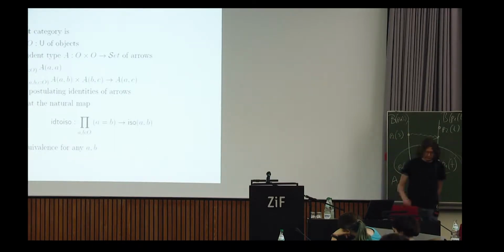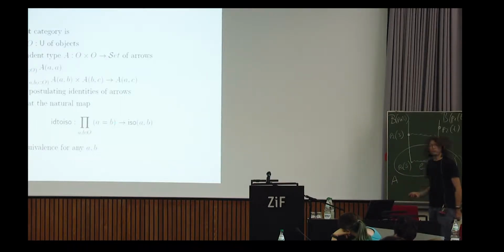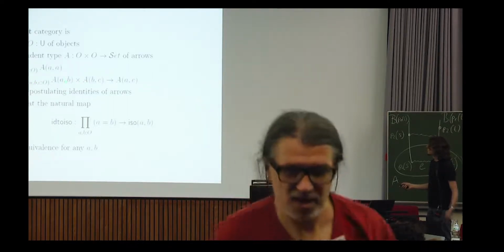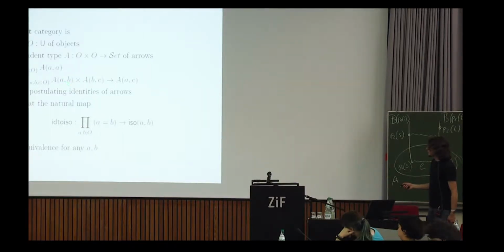Well, types or dependent types are important earlier already. Here I use dependent types. And the use of dependent types here allows me to discuss composition of arrows without using a hypothesis that the source of one arrow is equal to the target of the other arrow.